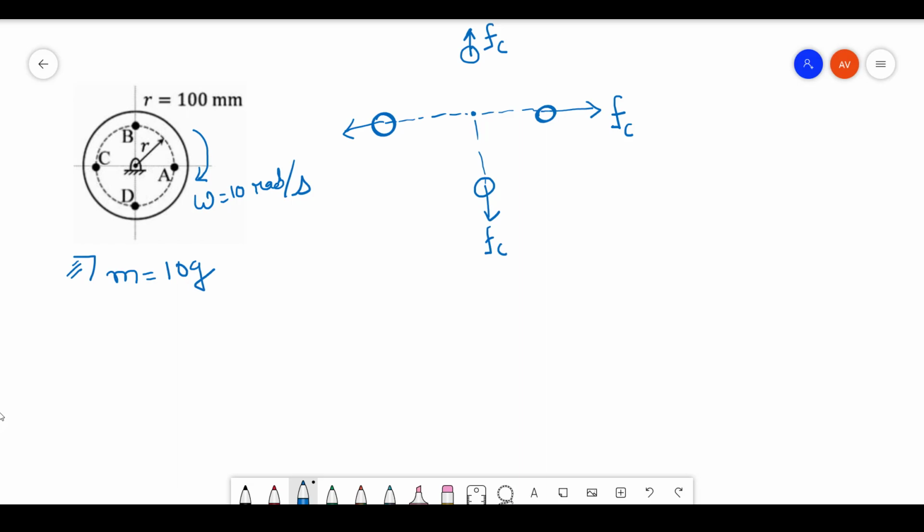Now all these angles are 90 degrees and all these distances are your radius. What they are essentially asking is, what happens if this point mass is taken out, and what is the net resultant force in this system.